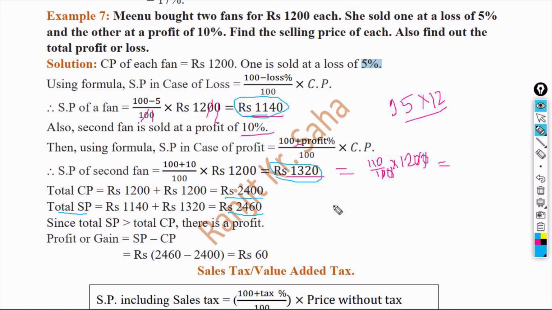Now it is very clear here that selling price is more than cost price, by rupees 60, so the gain equals rupees 60. Here in the question only you have to find profit or loss, not profit or loss percent. These questions are very simple.